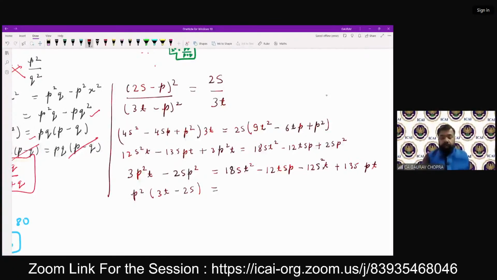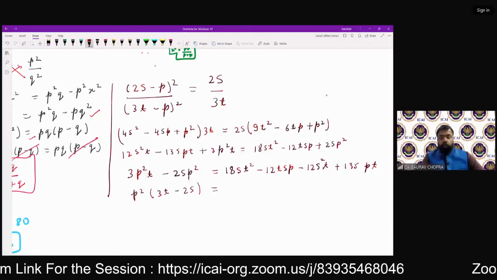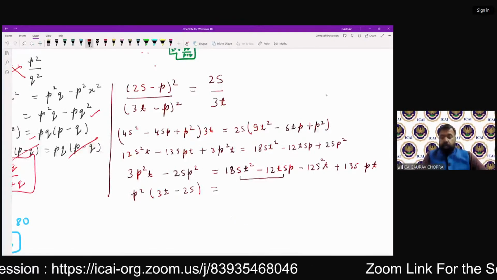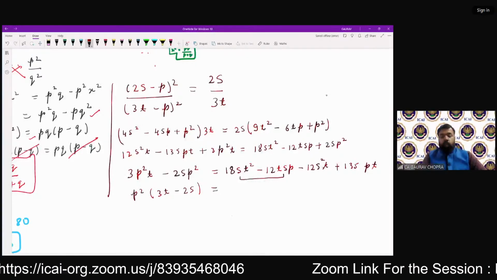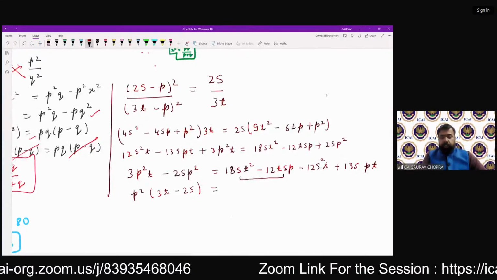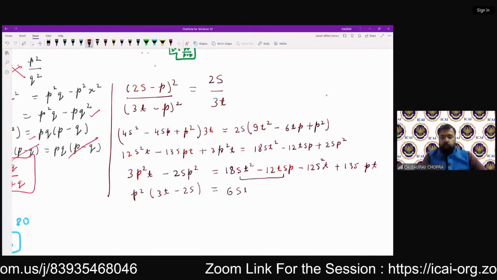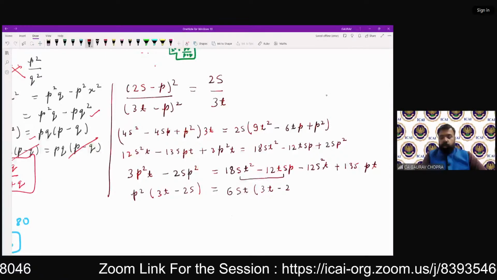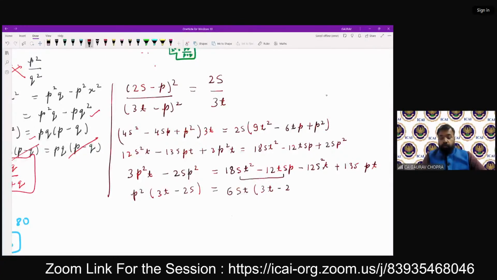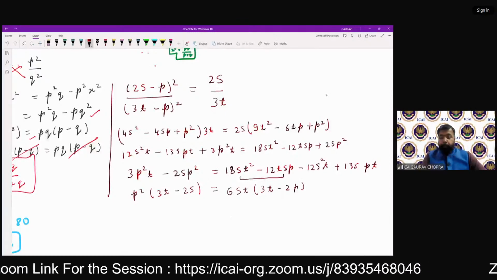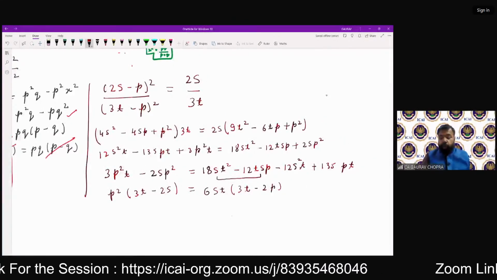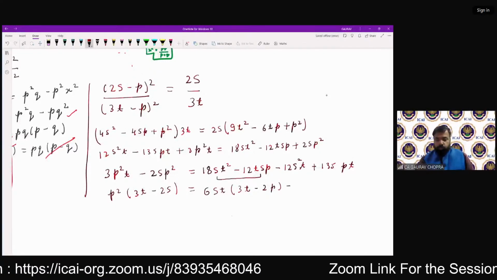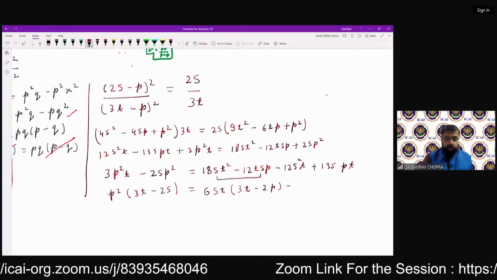Similarly, on the other side, you can check whether something common can come. 18st square and 12tsp, is there anything common? So you can take 6st as common. What is left: 3t minus 2p. And here we have written 135.